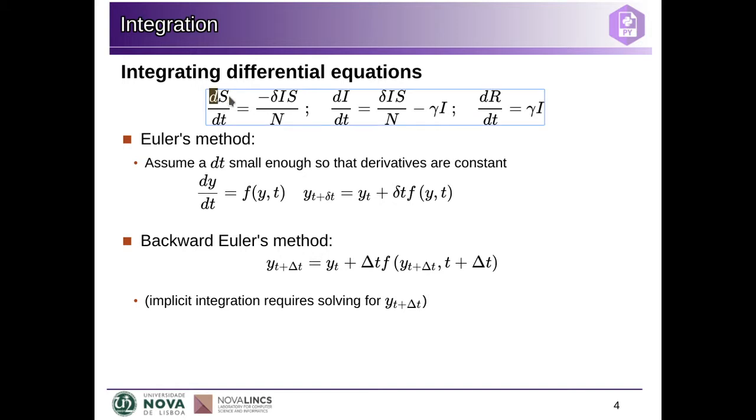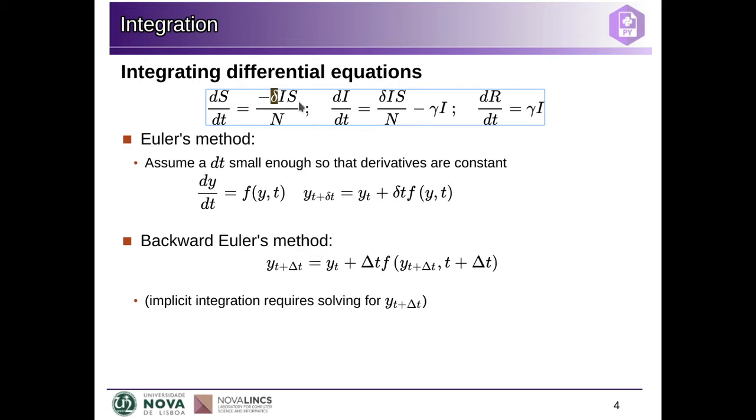So the variation of the susceptible population over time is equal to how many people are infected at each time step, so at each instant. And we can assume that there is some parameter, this delta, which measures the probability of infection, of someone becoming infected in contact with an infected person.